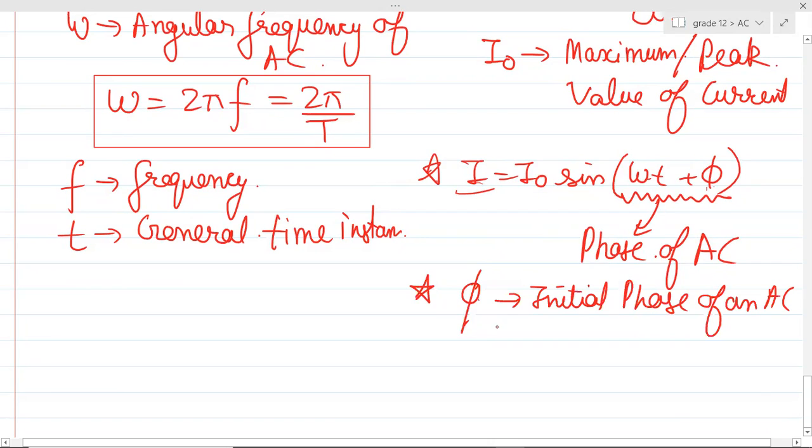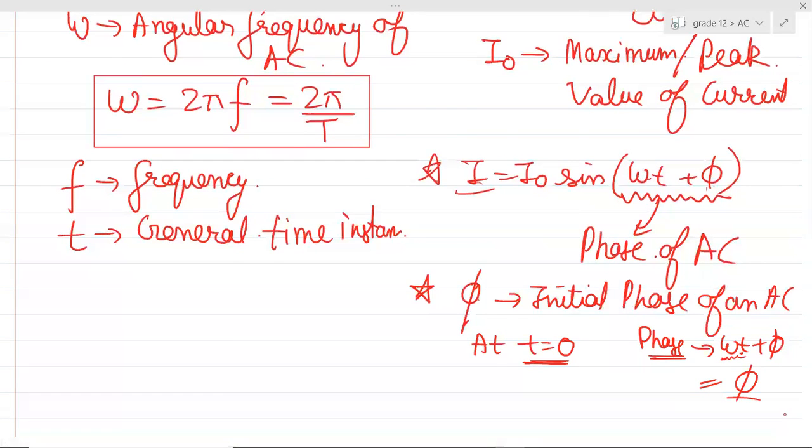Why is it called initial phase? At t equals 0, the phase, which is omega t plus phi, becomes phi, as t is 0. So the initial phase is basically phi. Are you getting my point? So everyone understood what these terms mean. This is the instantaneous current.